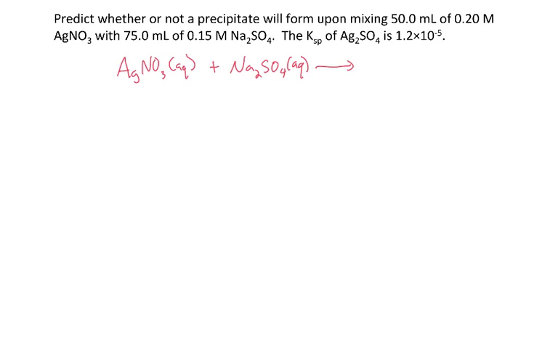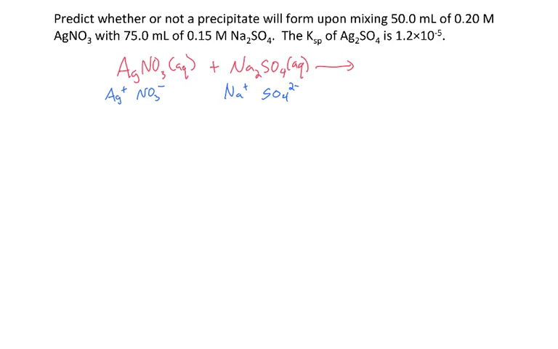So I'm going to write the ions underneath the reactants. Silver nitrate is going to dissociate into Ag+ and NO3-. Sodium sulfate will dissociate into sodium +1 ions and SO4 2- ions.